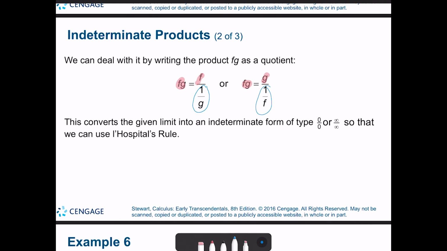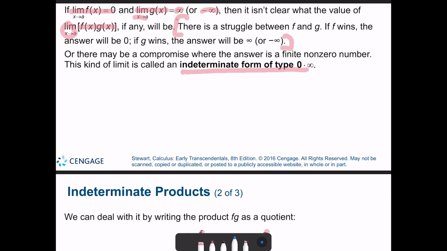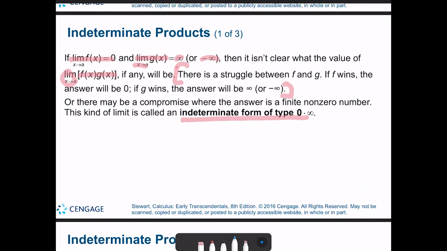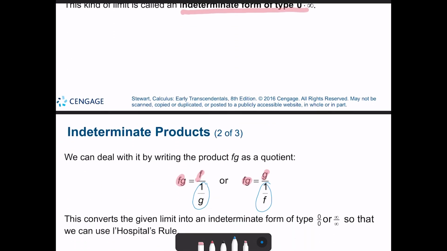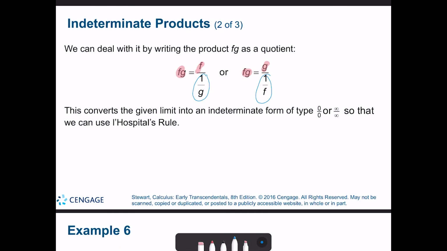Why are we doing this? It seems a little bit strange, because remember, the limit of f of x as x approaches a was going to 0, and for g it was going to infinity. f, g: 0, infinity.